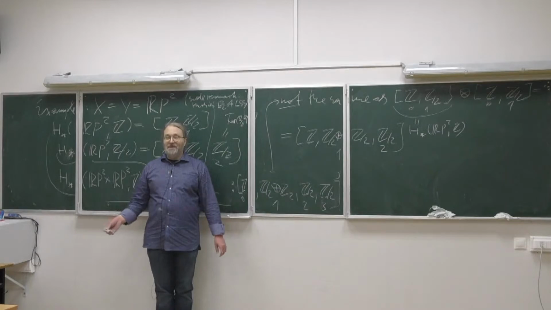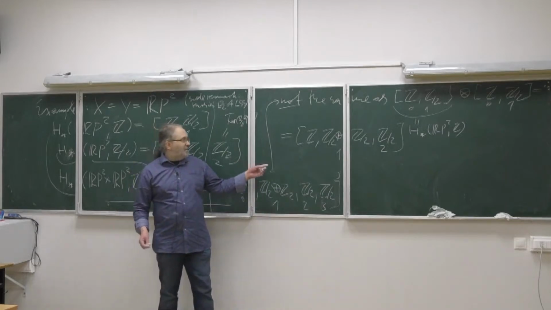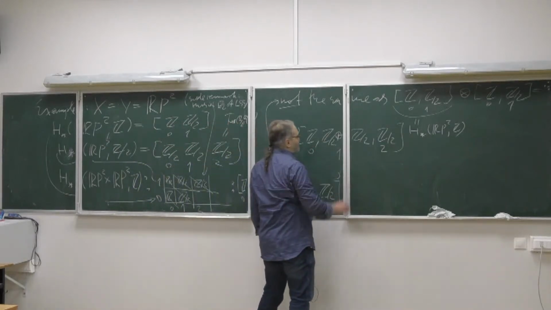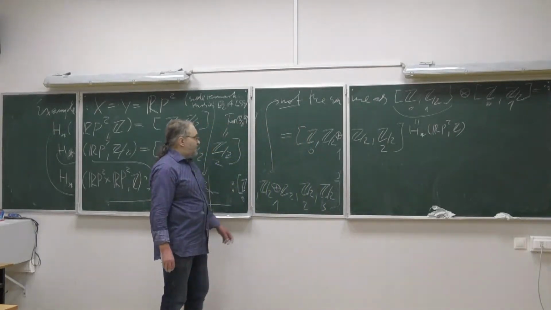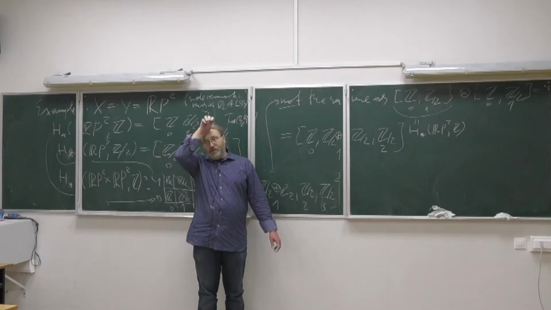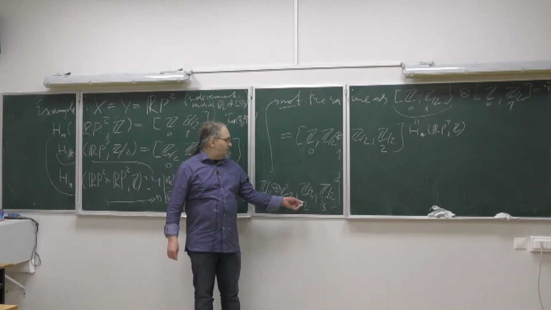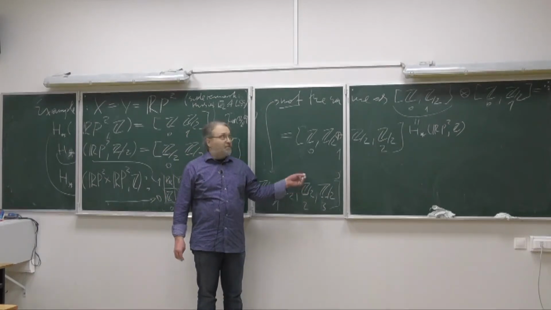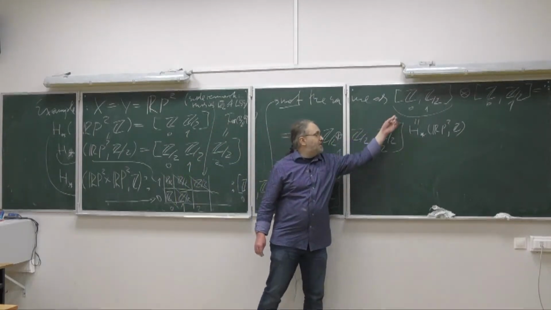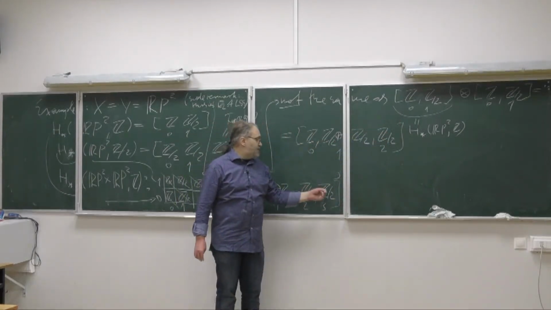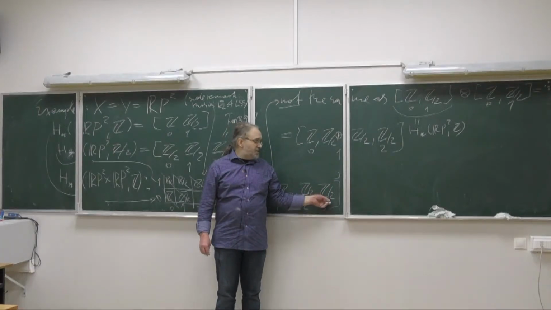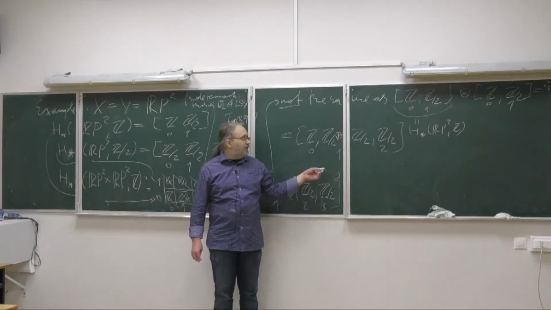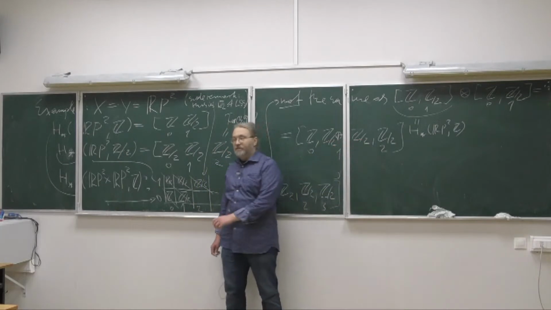Simple. Anyway, the difference between this and this is that here we have an extra Z/2 in degree 3, and here we don't have it.